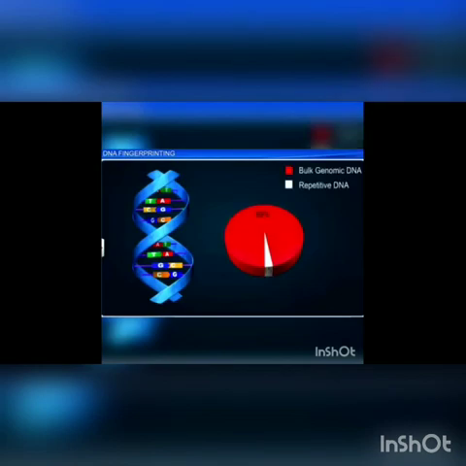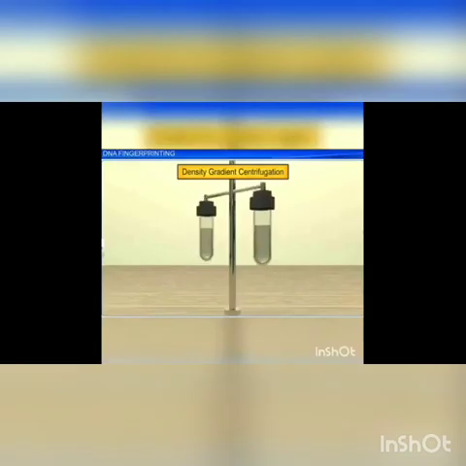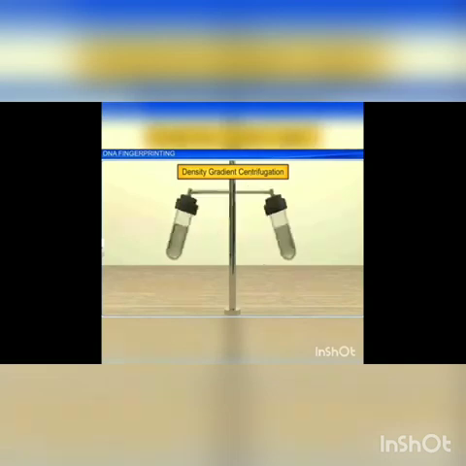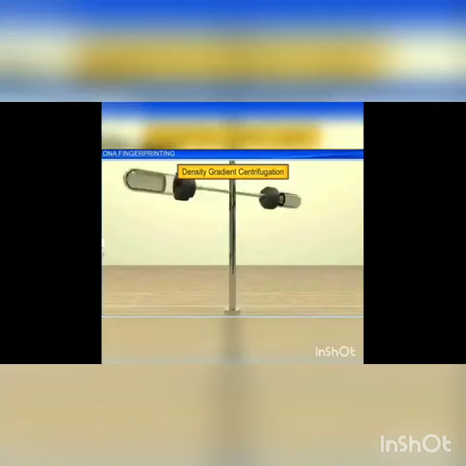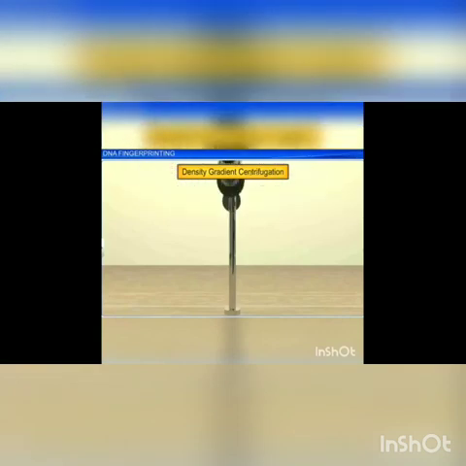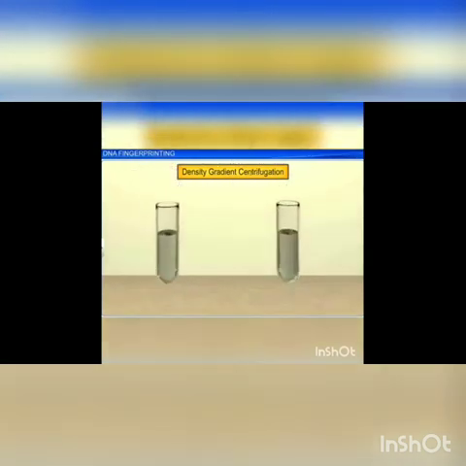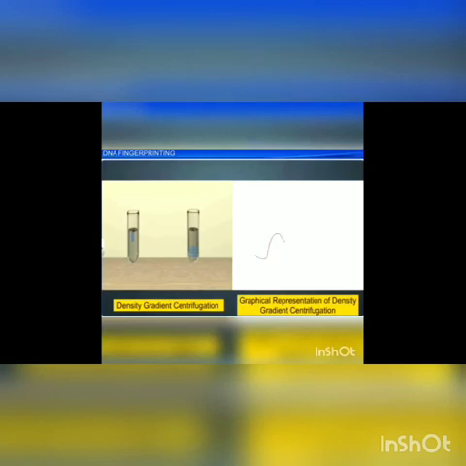You can separate the bulk genomic and the repetitive DNA by a method called density gradient centrifugation. DNA fingerprinting involves identifying differences in some specific regions of the DNA sequence called repetitive DNA, because in this sequence a small stretch of DNA is repeated many times.